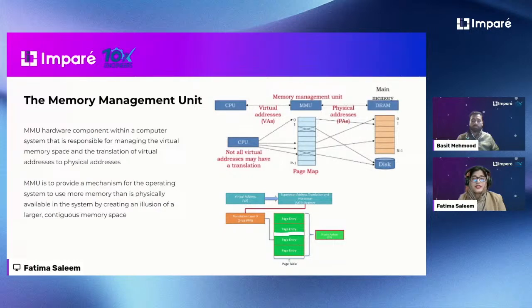But we know that DRAM is organized with physical addresses. So the MMU will take that virtual address, look it up in the page tables and produce a final physical address, which is going to point to some location in the memory.